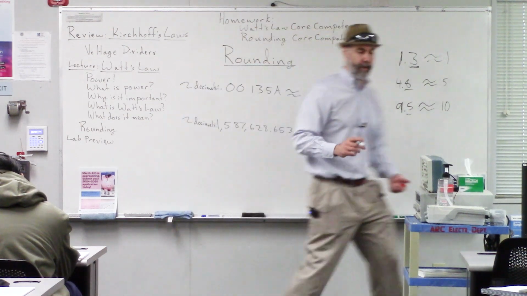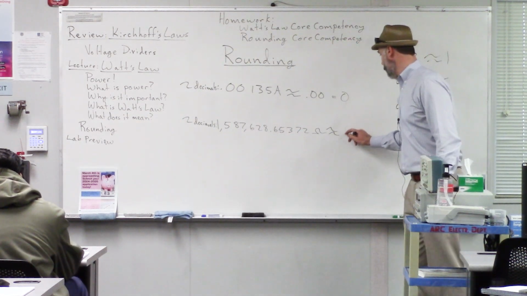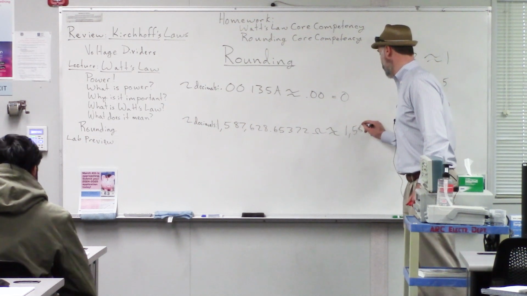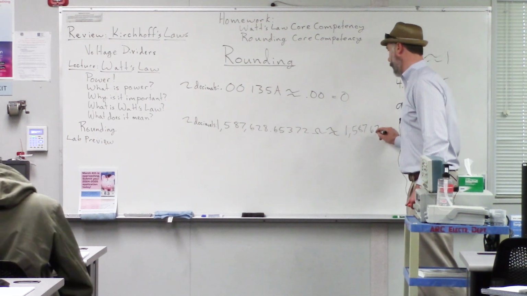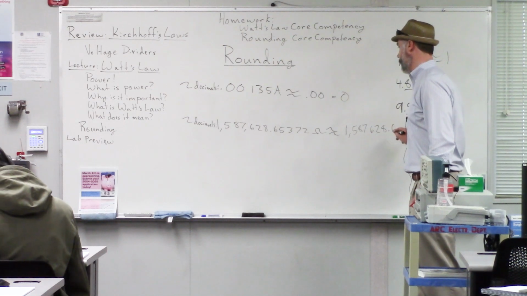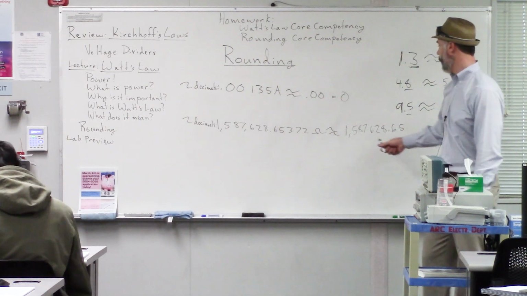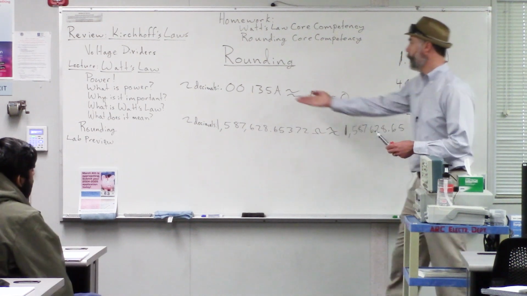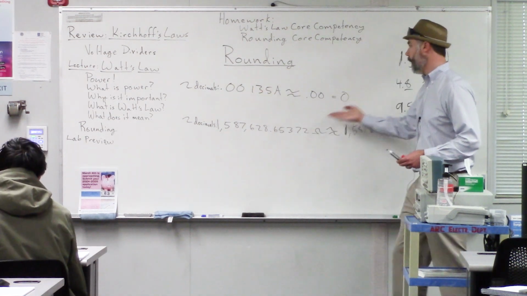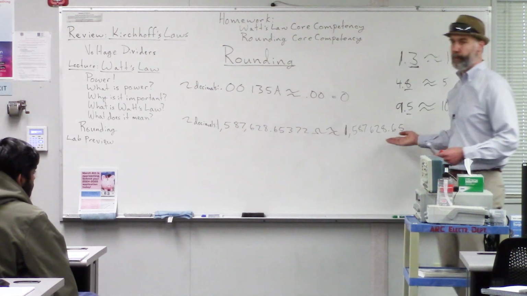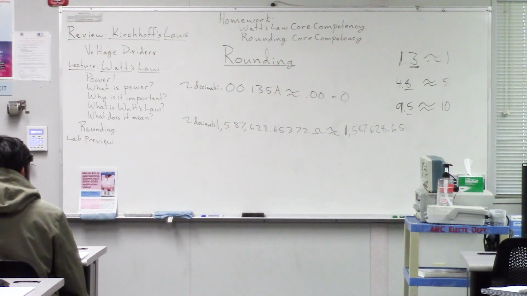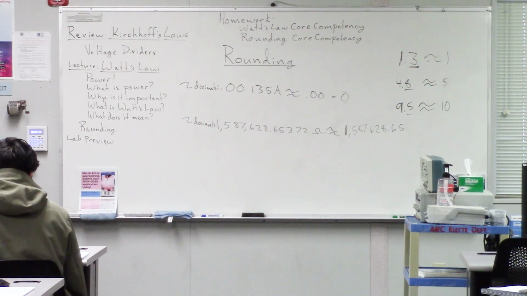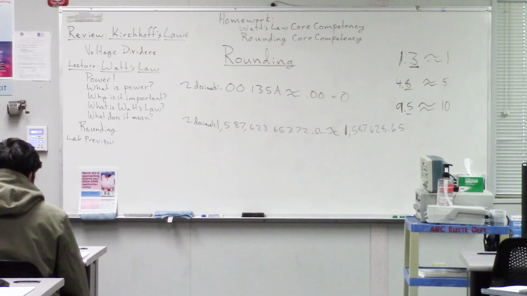You'd still have to write down a whole bunch of numbers. 1,587,628.65. Okay, so you'd still have to keep a whole lot of information. So up here, 2 decimals was not enough information. Down here, 2 decimals is too much information. Okay, so that's the reason why we can't just specify a certain number of decimal digits that we have to keep in every case.